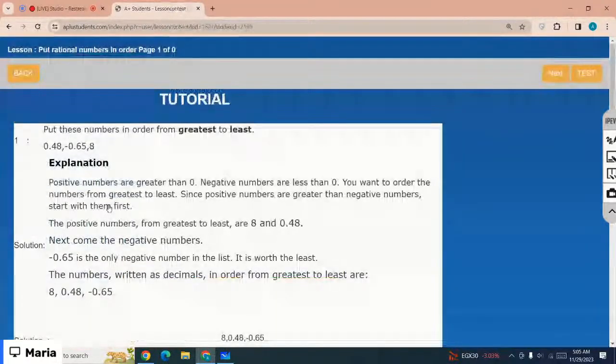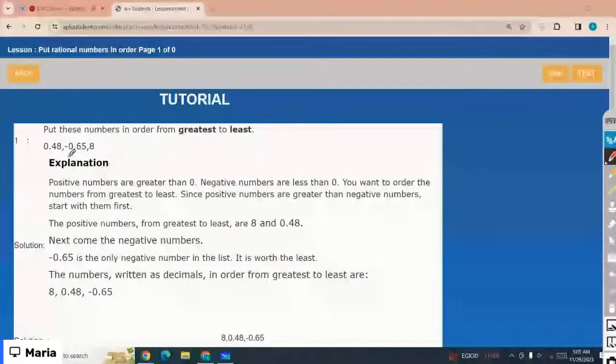So we are given rational numbers, and we have to write them from least to greatest. The numbers are 0.48, negative 0.65 and 8, right? Here you are given one negative number and the other two numbers are positive. 8 and 0.48 are positive numbers. The negative number is always the smallest one.